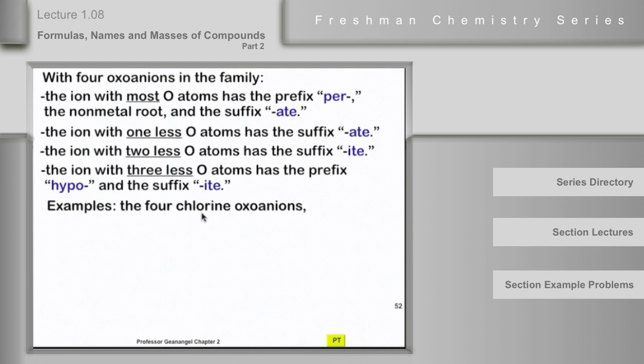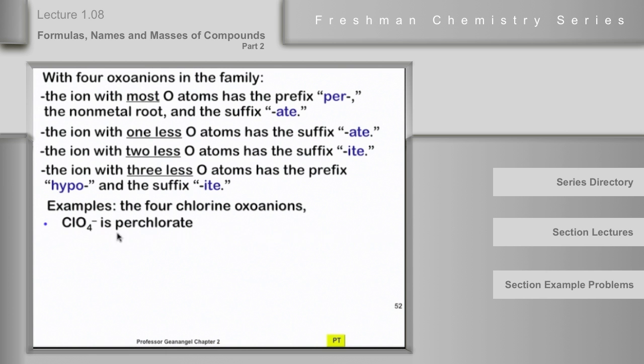This is the best known family of 4 oxoanions. So we'll start with the one with the most oxygen. It's ClO4 with a single negative charge. So it is per, there's the prefix, chlor, there's the root, ATE, there's the suffix: perchlorate.